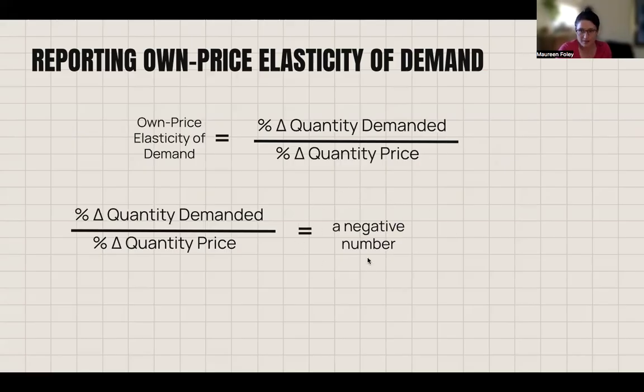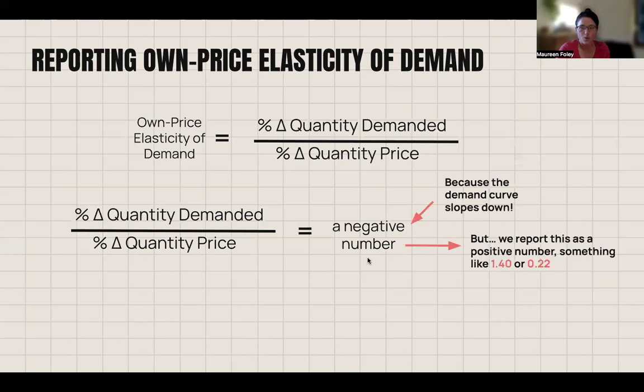Now, that being said, the way that we report the number, and that you'll most often see it if you look at tables of price elasticity of demand or own price elasticity, the way that you'll see it reported is usually positive. They just care about the absolute value of it. And they're usually pretty small numbers. They're usually less than 2 or less than 3 or 4.